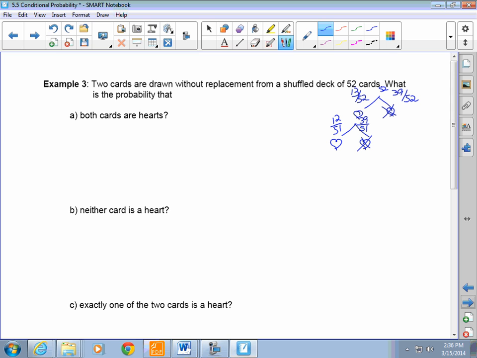So if my first attempt was not a heart, then that means in my second try, I have 13 cards that are hearts out of the 51. And for the second one, if the first one wasn't a heart, then that means there's only 38 not hearts left out of the 51.